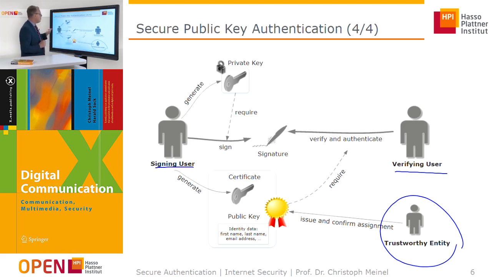And when the user wants to authenticate, he sends the certificate and signs it. That means he uses his private key and encrypts the certificate and other information that are important for the authentication with his private key. This is sent now to the service, the verifying user. The verifying user needs the public key of the user to decrypt his or her signature.